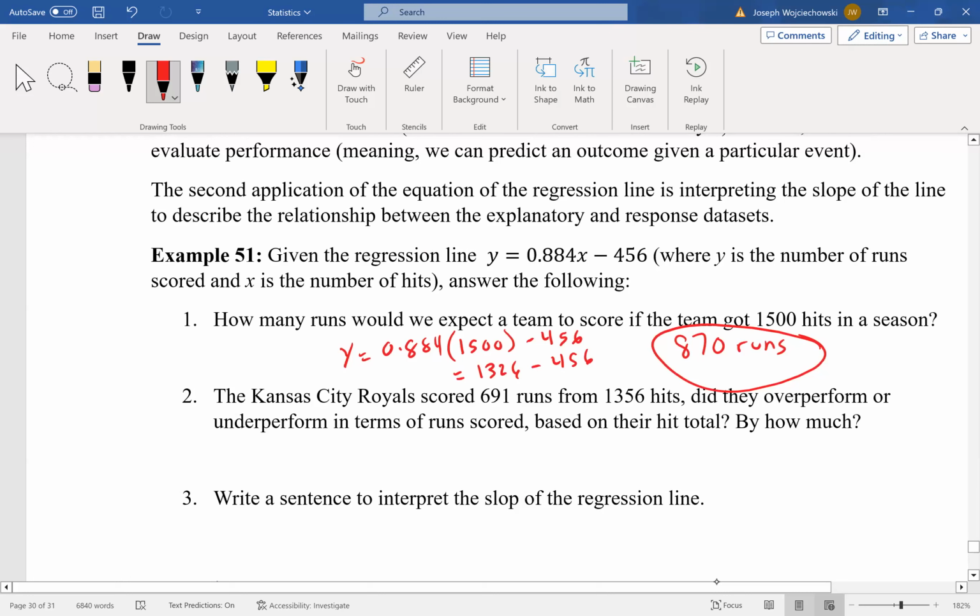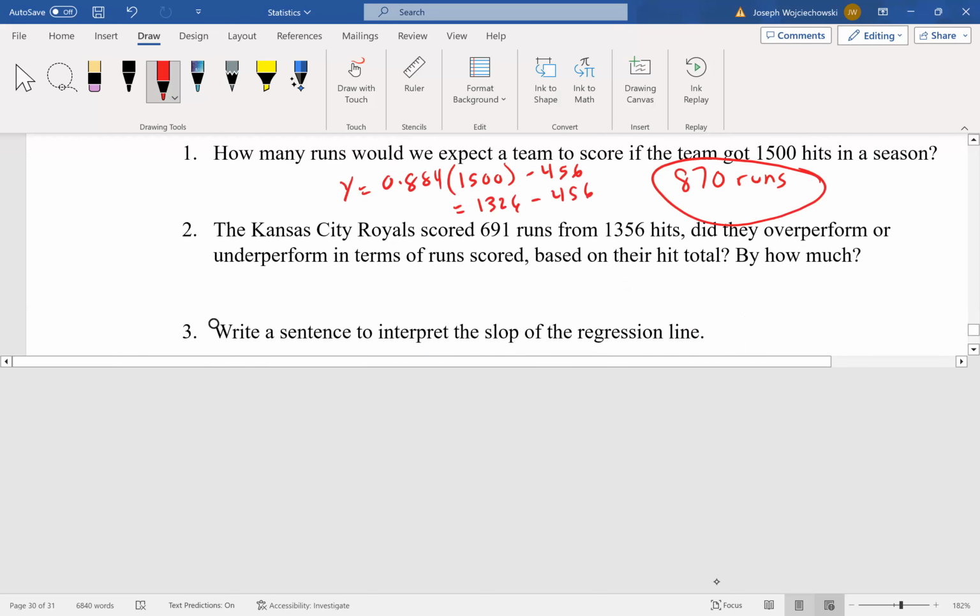So the Kansas City Royals scored 691 runs from 1,356 hits. Did they overperform or underperform in terms of runs scored based on hit total? And by how much? Well, let's see. Let me make a little more room here.